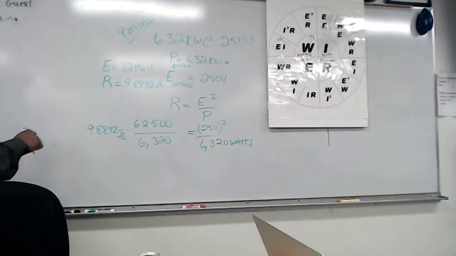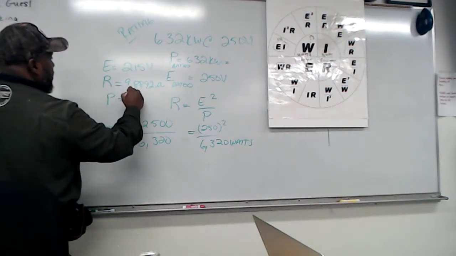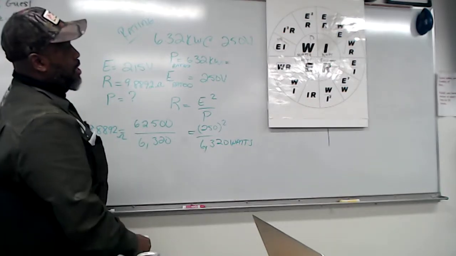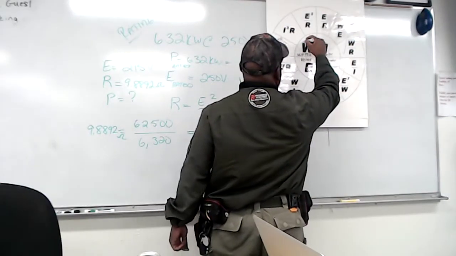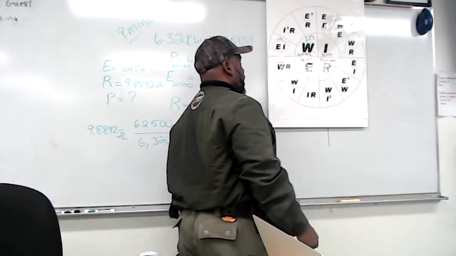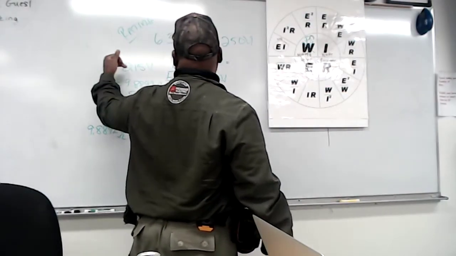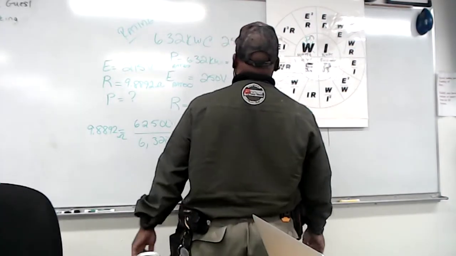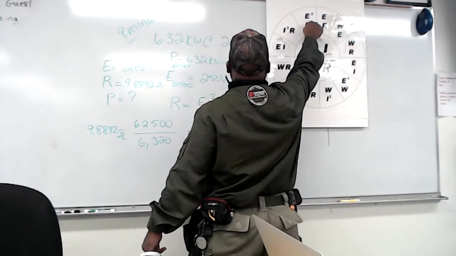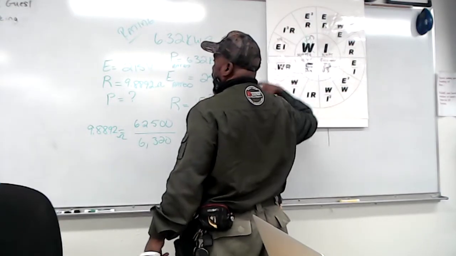What's the symbol for watts? W, watts or power or P. I need P, and I only have two variables I can use, R and E. So only one of these equations works, and I can't use that one; I have to use this one.